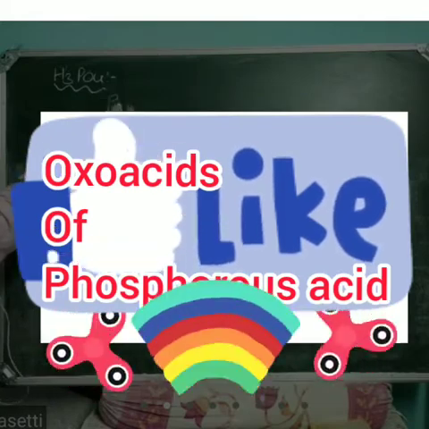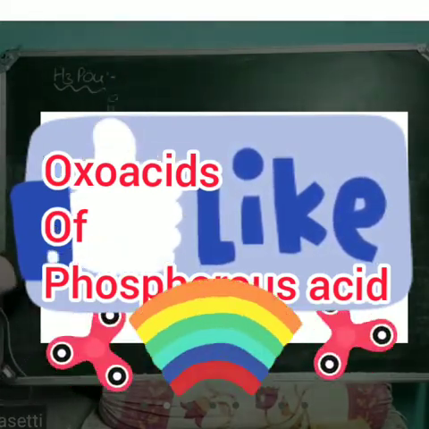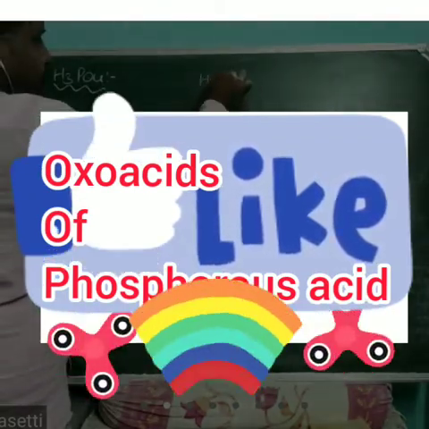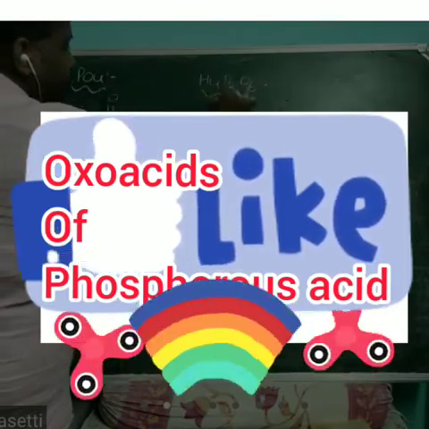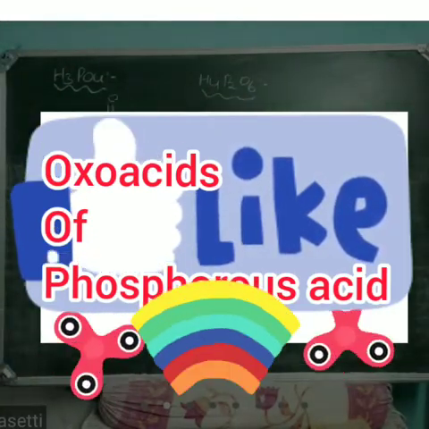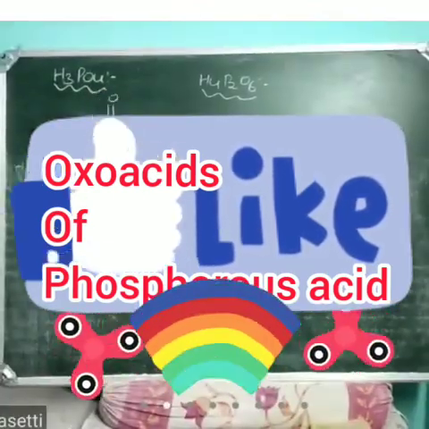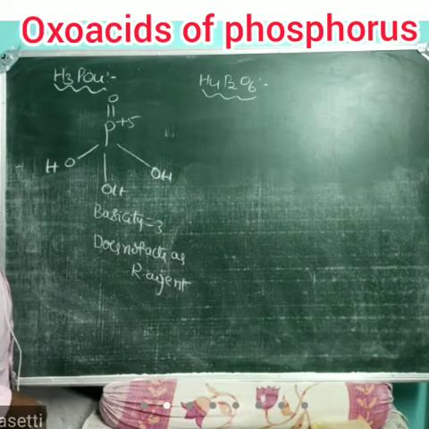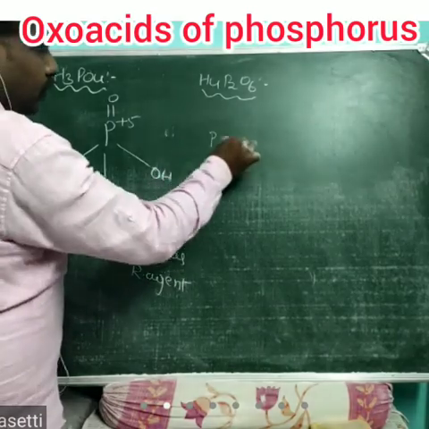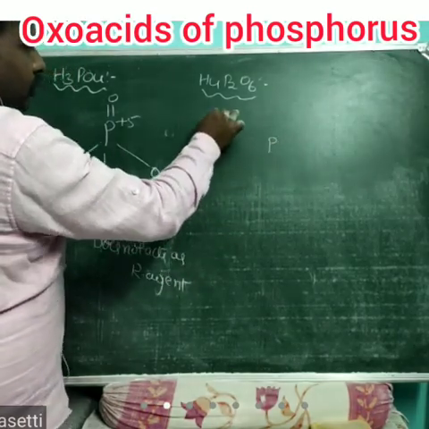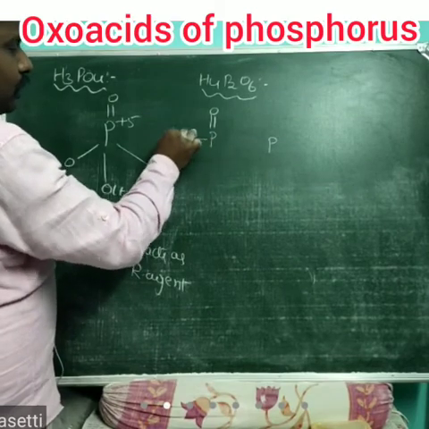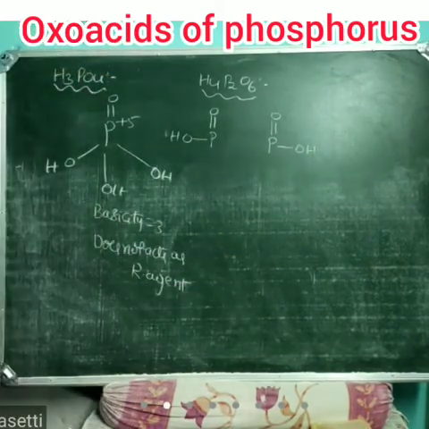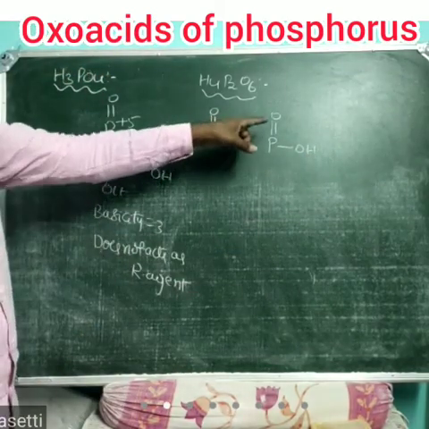Next one is hypophosphoric acid. What is the formula for hypophosphoric acid? H4P2O6. This is nothing but hypophosphoric acid. In this, let us take 2 phosphorus. Each must contain 1 double bond O and 1 OH. So for each phosphorus, fill with double bond and OH.